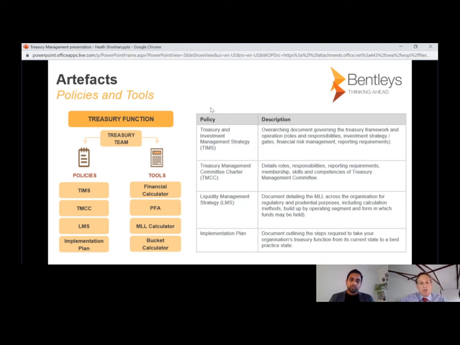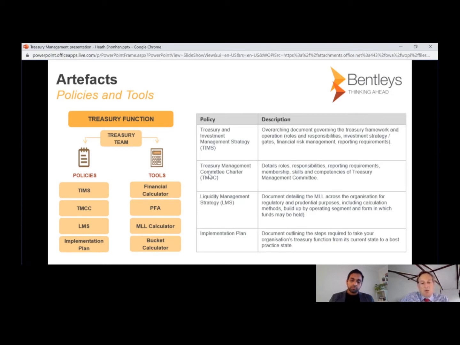And the policies, as I talked about, treasury and investment management strategy, the Treasury Management Committee Charter, the TMCC, the liquidity management strategy to acquit your core regulatory responsibility under the Aged Care Act, and an implementation plan as to how and when these policies will be reviewed, updated and used.